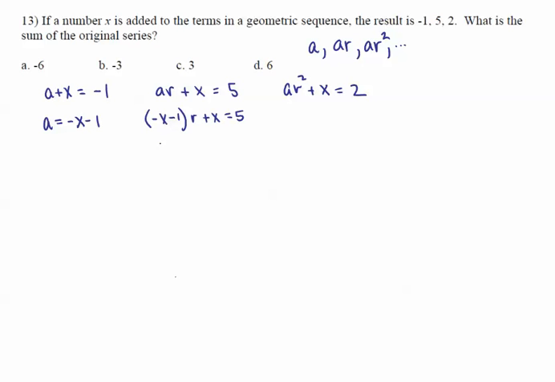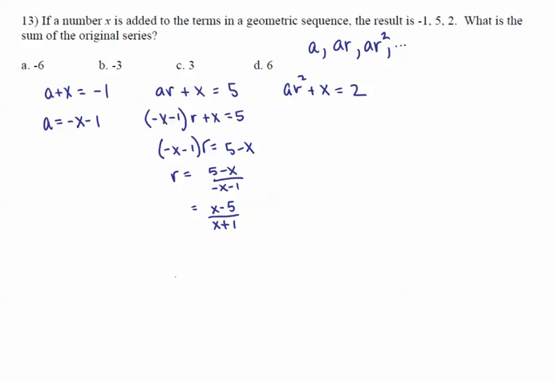So if I had -x minus 1 times r is equal to 5 minus x, then r would be equal to 5 minus x over -x minus 1. And if I wanted to make that a little bit nicer without the leading negative in the denominator, I'd multiply the top and bottom by -1, and I'd get x minus 5 over x plus 1.